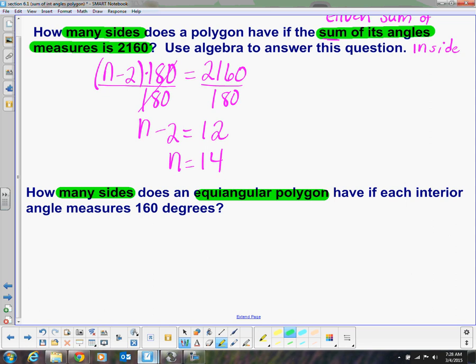If each interior angle measures 160 degrees, is there any way we know the sum of all those angles? Each angle is 160. Is there any way we can figure out the sum? What do we need to know? Yeah, we got to know the number of sides. Do we know the number of sides?